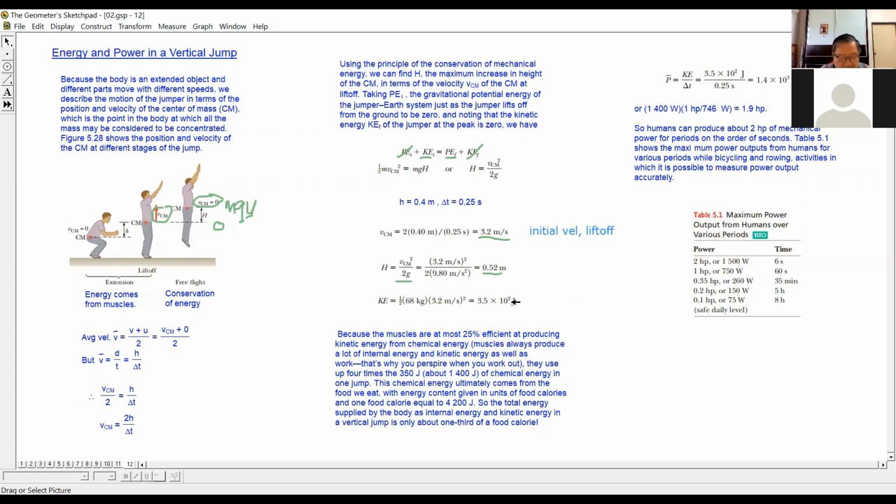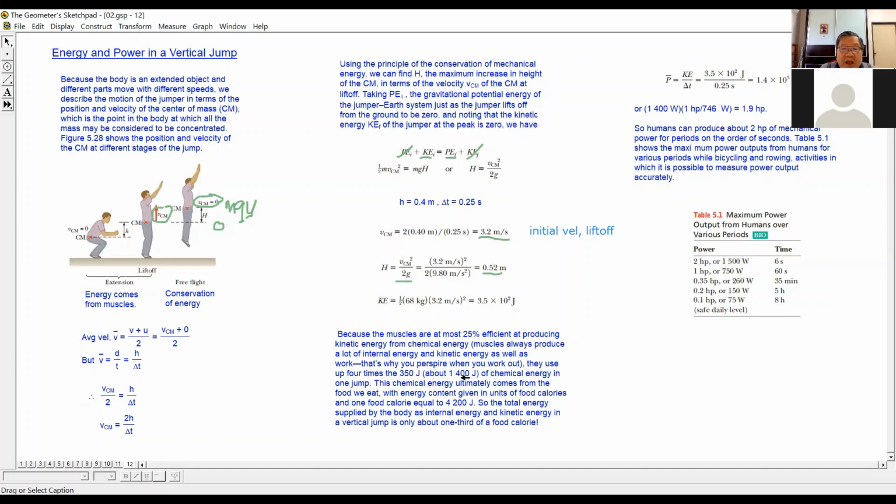When the person sweats, his energy is not only converted into kinetic energy, but is also converted into heat energy to heat up the body and cause the sweat to come up. So this 350 joule is only 25% of the total amount of energy generated by the body. The other 75% is generated as heat in the body, and he sweats and perspires.